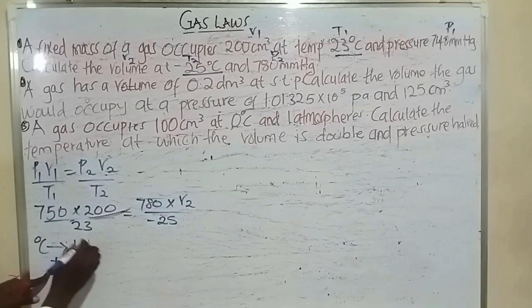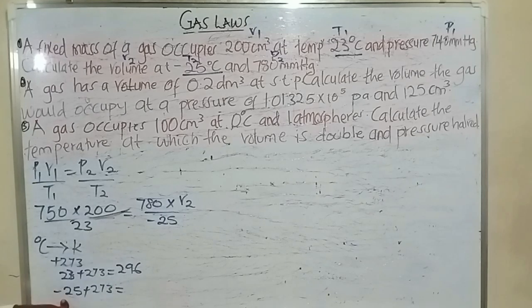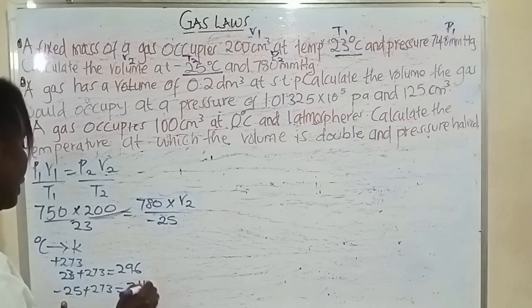So it's going to be 23 plus 273, which gives 296. When you add negative 25 plus 273, your answer is 248. So this is 248 Kelvin.